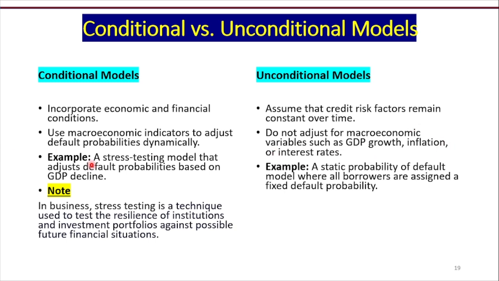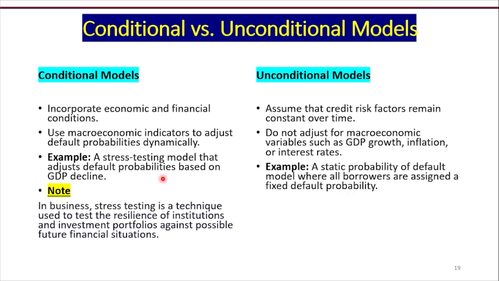Example: a stress testing model that adjusts default probability based on a GDP decline. In contrast, a static probability of default model, where static means it's not moving, it's fixed, assigns all borrowers a fixed default probability. In the conditional model the probability of default is changing, while here all borrowers are assigned a fixed default probability.